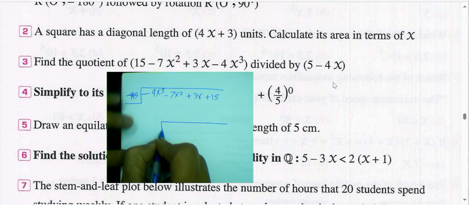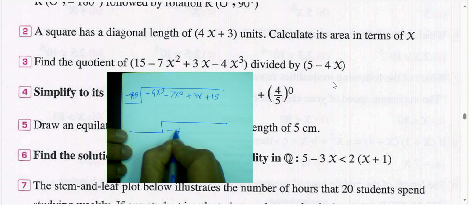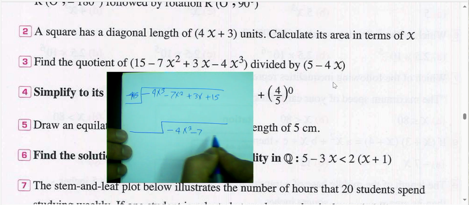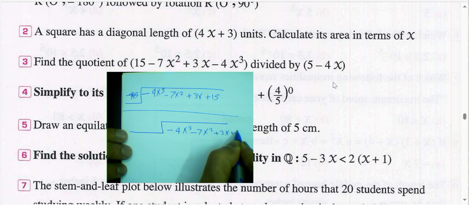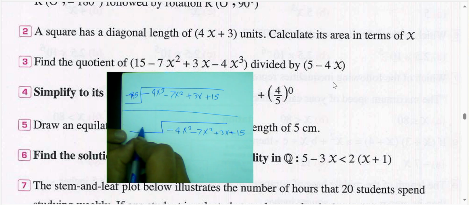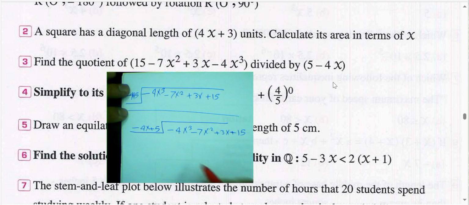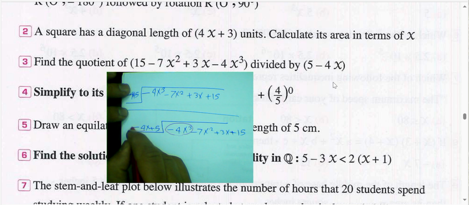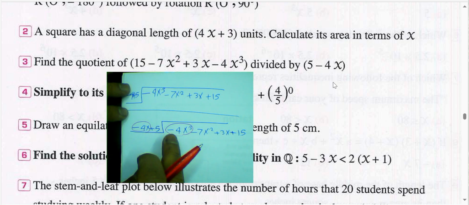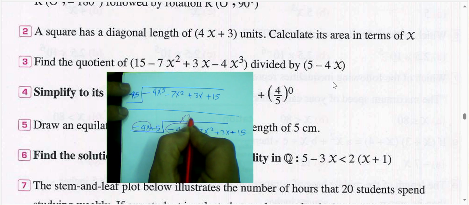So we can write again the divisor here, negative 4x plus 5. We can find the result by division: first by first, negative by negative is positive, 4 divided by 4 is 1, x power 2 divided by x power 3 gives x power 2.